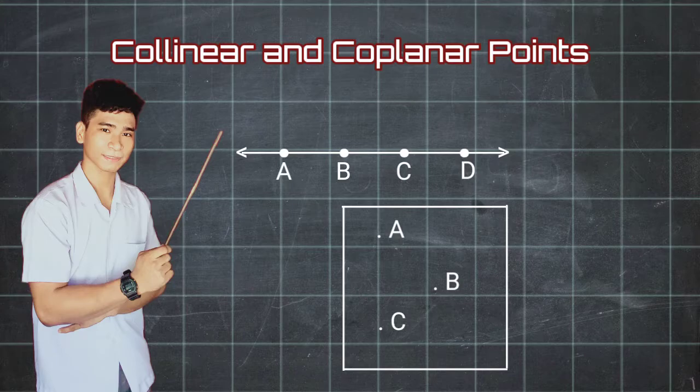And point D is outside the square. So matatawag pa ba natin coplanar points? Absolutely no. Kasi ang point D ay nasa labas, so hindi siya included doon sa coplanar points.